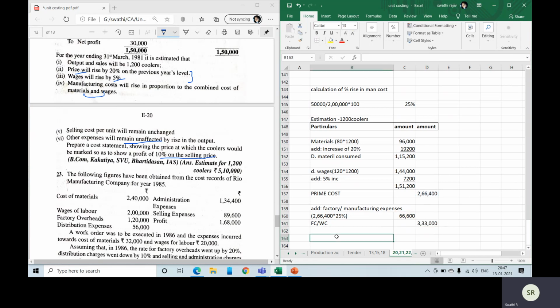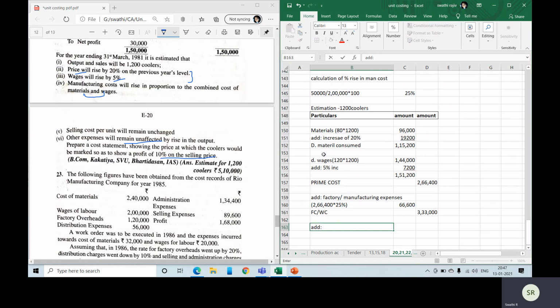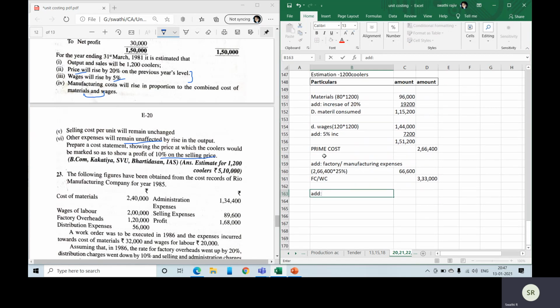Then again you add, what do we add? We add our office expenditure, or here they are calling it other expenses. I have already discussed that this is not going to change at all, right? It is going to be 90,000 itself. So there is no change in this. Here, other expense will remain unaffected by a rise in the output.